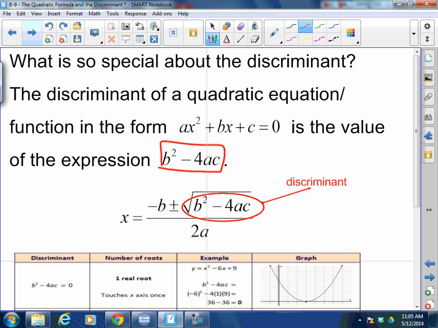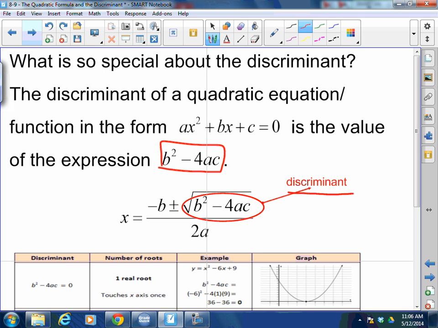The inside value. That is called the discriminant. And what the discriminant tells you is how many solutions that quadratic function is going to have. It does not tell you the solutions. In order for you to find the actual solutions, my friends, remember, you must use the complete formula.